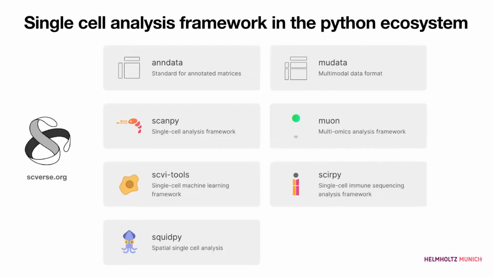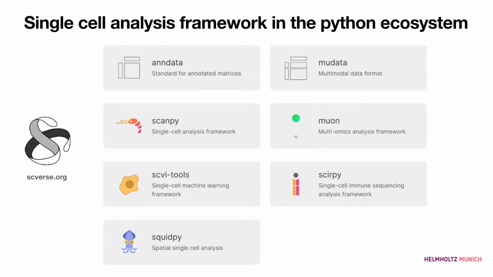And for the Python ecosystem, we have recently launched scVerse, which is supposed to be the analysis ecosystem that you use if you have single cell data and want to use Python. So there are tools like AnnData and Scanpy, of course, in there, but also MuData and Muon for multi-modal data analysis.